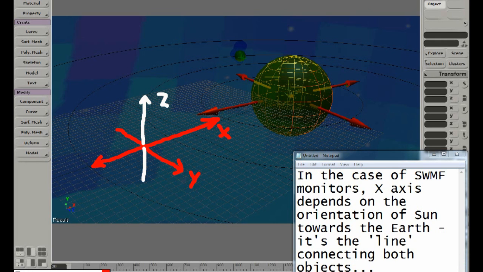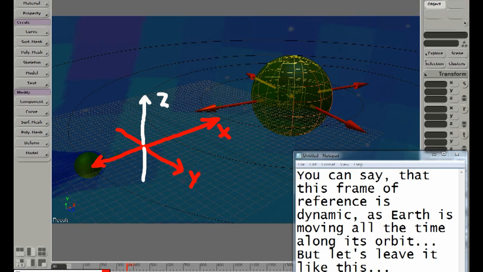In the case of SWMF monitors, the X-axis depends on the orientation of the Sun towards the Earth. It's the line connecting both objects. You can say that this frame of reference is dynamic, as Earth is moving all the time along its orbit. But leave it like it is.